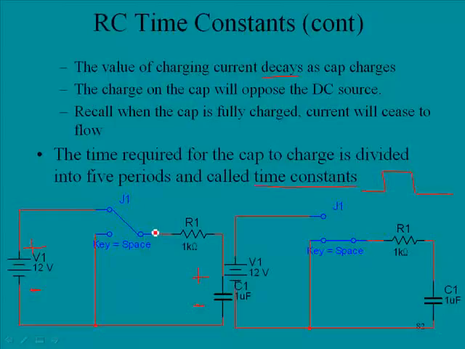Notice that the current path was like this as it was charging. But when this switch is closed, it's negative to positive, so the current is going to reverse and flow in the other direction until this capacitor discharges, and then if we close the switch again, it would recharge again.